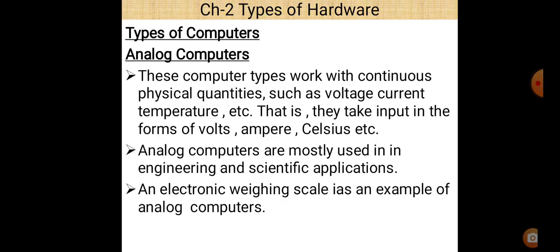First of all, analog computers. As I told you, this computer type works with continuous physical quantities such as voltage, current, and temperature. That is, they take input in the forms of volts, amperes, and Celsius. Analog computers are mostly used in engineering and scientific applications.